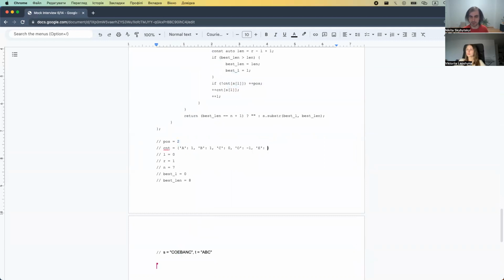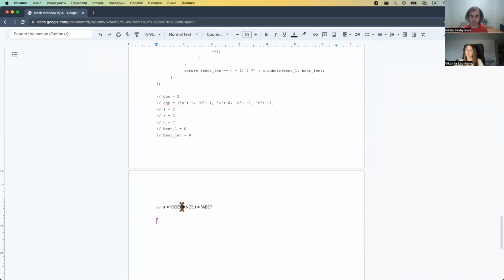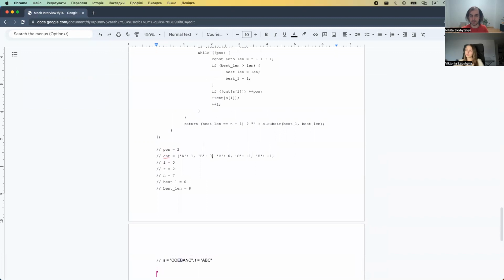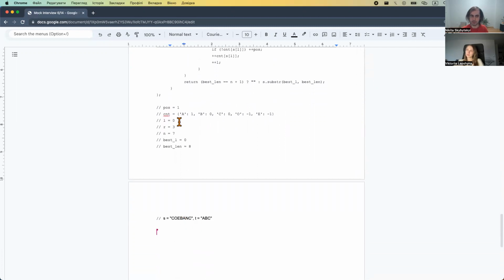Same thing happens. E gets value of -1. Right is at 2 at the moment. Positive is still positive, so we don't go into the while loop. I hit the letter B. I decrement the value in the map. I decrement positive also, right? Because now I hit 0 with letter B. Now I move right to 4.